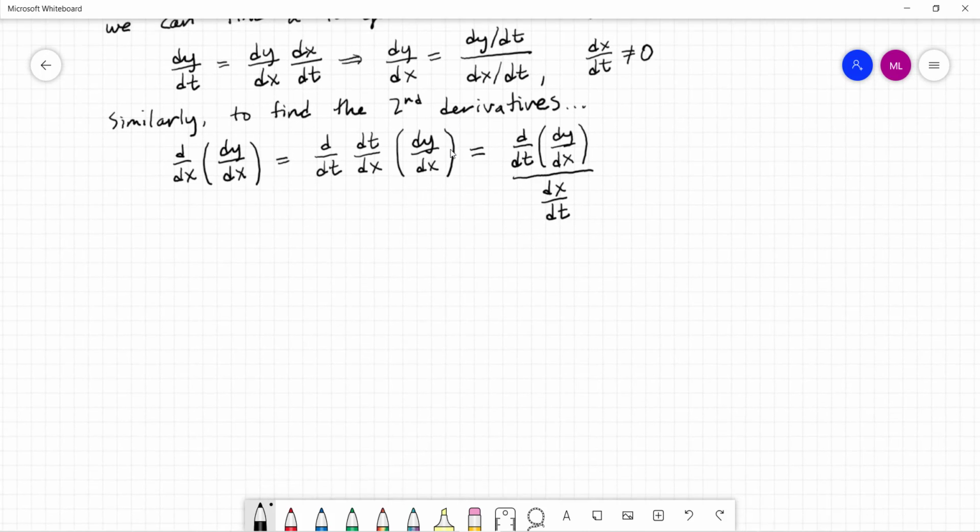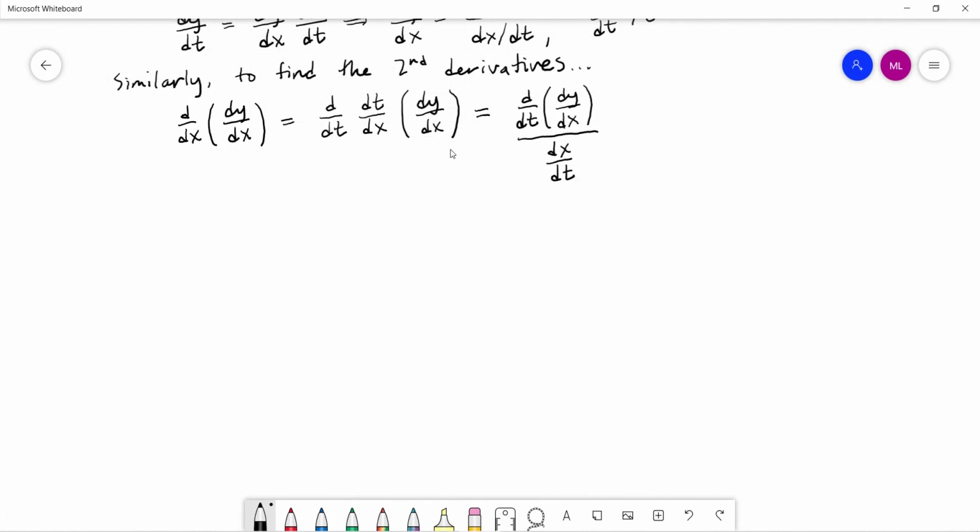So for example, suppose we have a curve defined by the following: our x function is t over 1 plus t, and y is equal to the square root of 1 plus t.